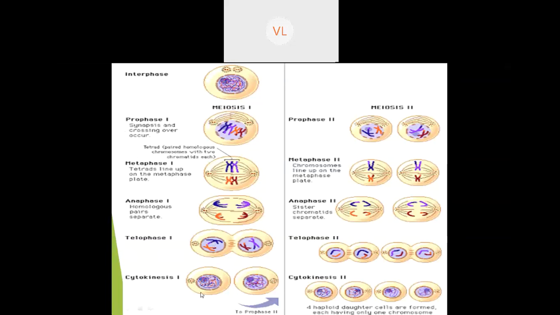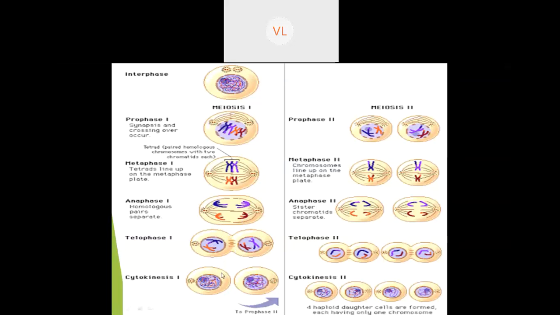What happens in telophase 1? In telophase 1, the chromosomes move towards the opposite poles, both sides. So they are ready now to divide into two cells, from one cell to two cells.